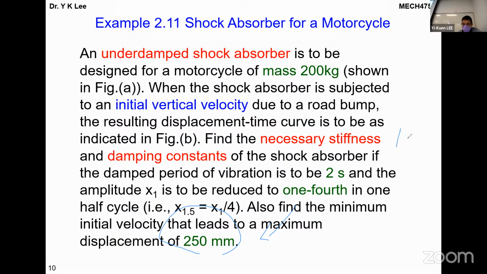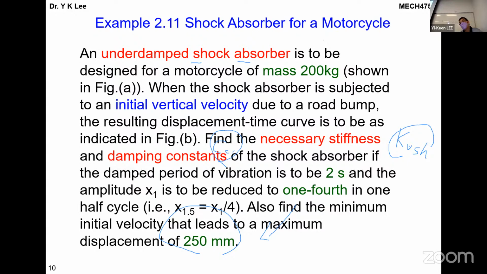Basically, this is related to your vibration damper, vibration absorber, or shock absorber, right? Based on requirements, different industries have different vibration requirements, and based on those requirements we try to determine the required K and C. So that is one of the important parts of vibration engineering for real product design.